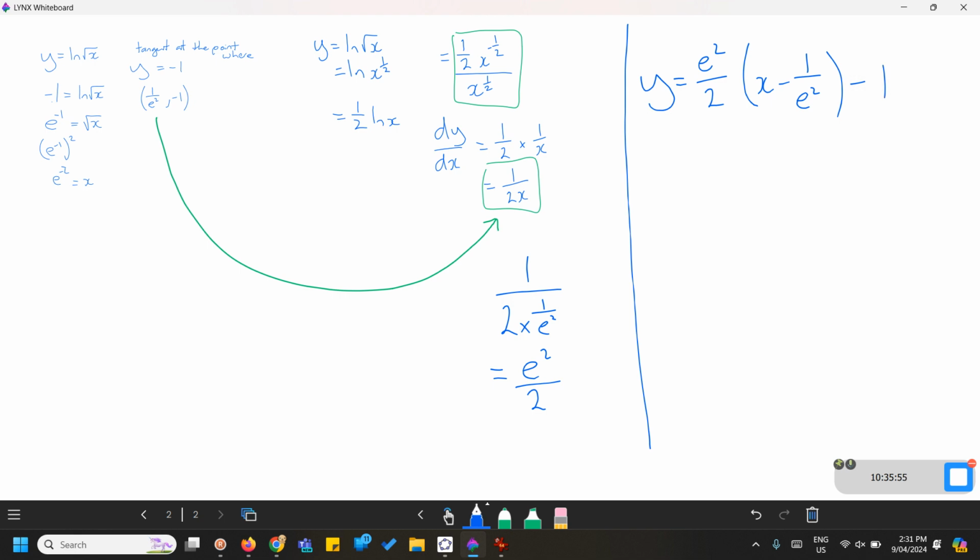If we expand our brackets to get it in our final format, we have e squared on 2x, there's our slope, minus e squared over 2e squared. Those e squareds cancel out, leaving 1/2, minus 1. So finally, e squared on 2x minus 3 on 2 is our final equation of the tangent.